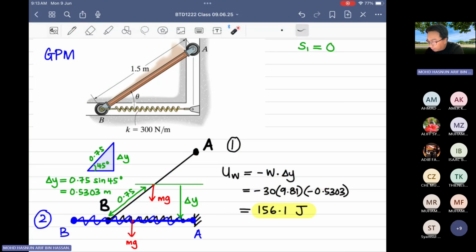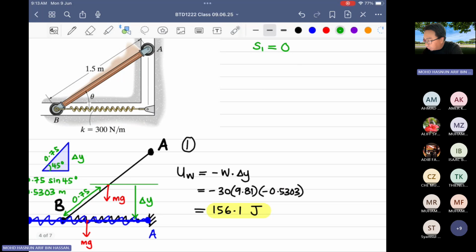To be clearer, we refer to the figure above. This is a triangle. What we want now is the bottom part. This is the original length of the spring, and we know the angle theta is 45 degrees. Let's take out that triangle too to help us. So we have a triangle like this.